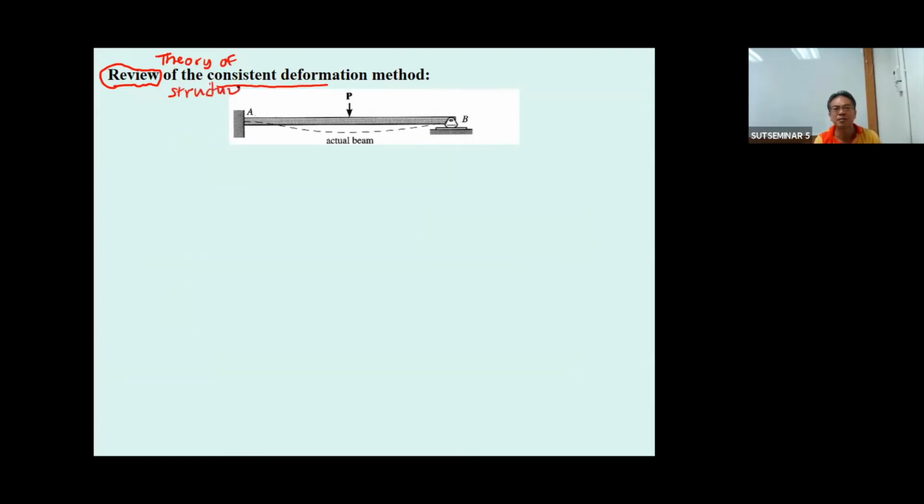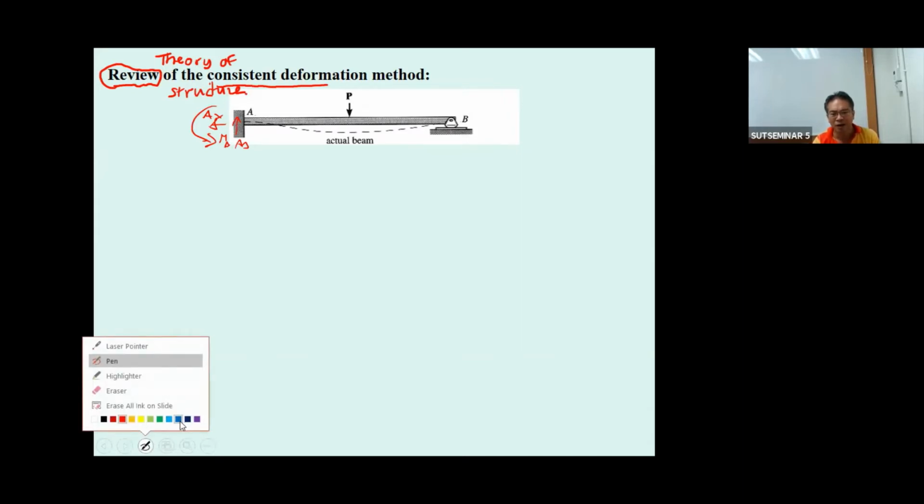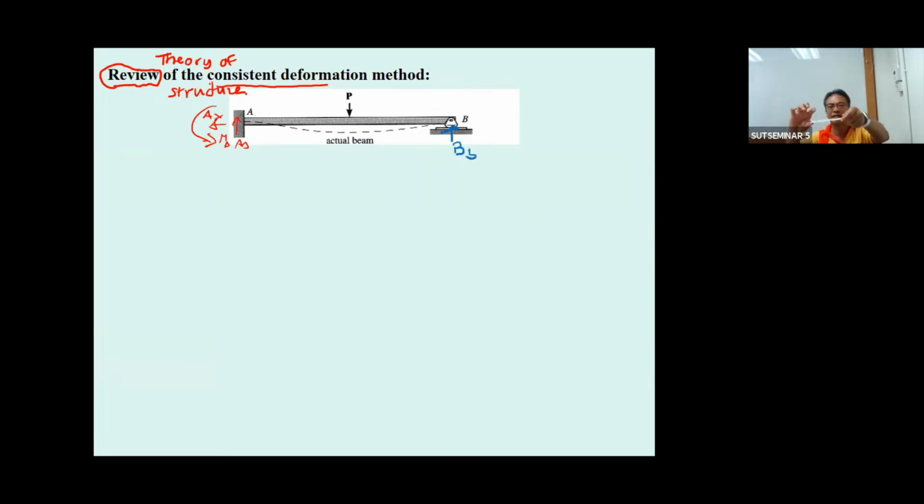This beam has 4 unknowns: A sub y, A sub x, and the moment here, M sub A. This is a fixed support, and you have this one also, this is the roller. When you push it, this is the deflection of this beam. The fixed support has 3 unknowns, so the degree of indeterminacy of this beam is going to be 4 minus 3 equal to 1.